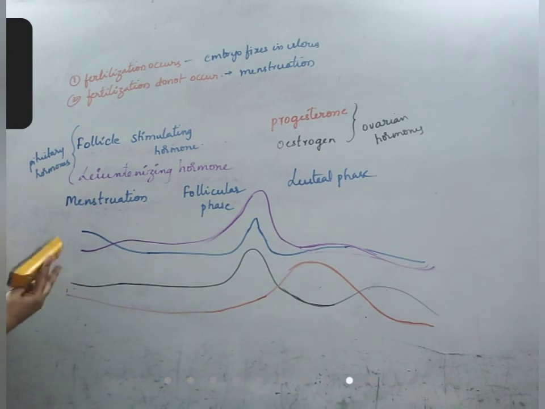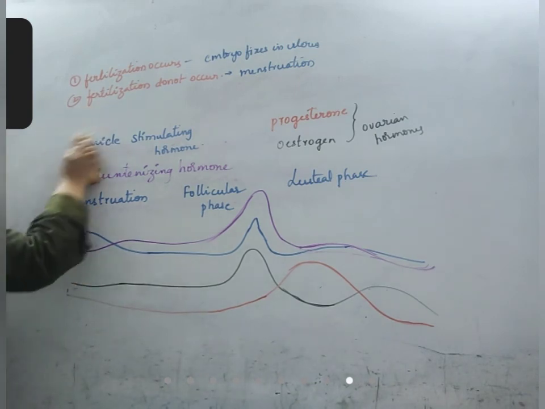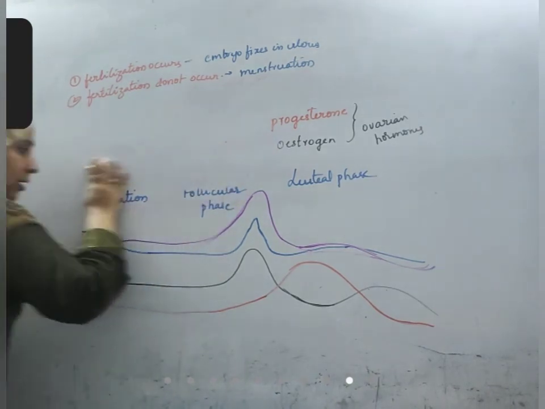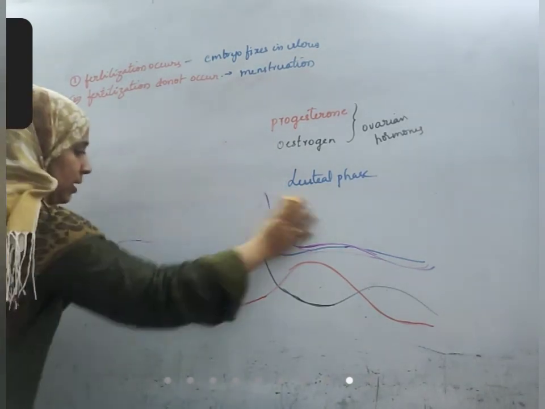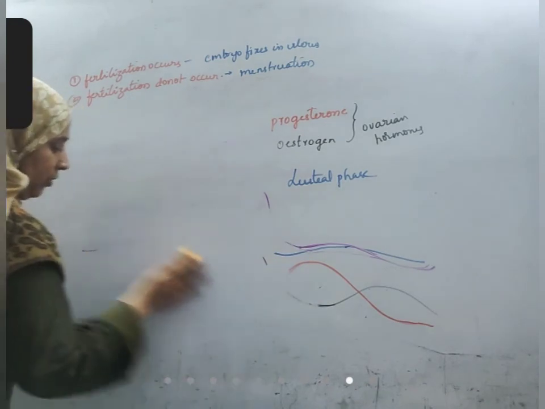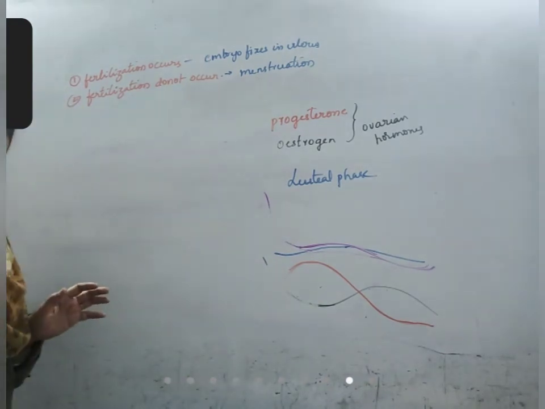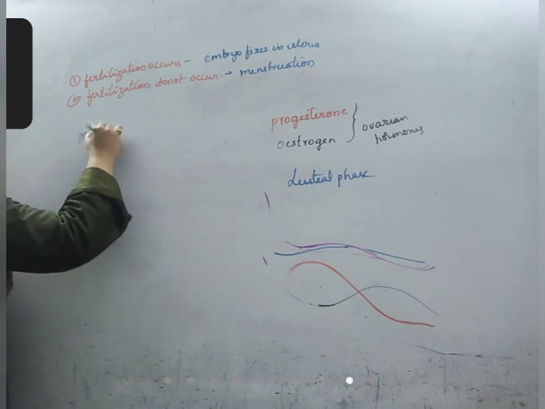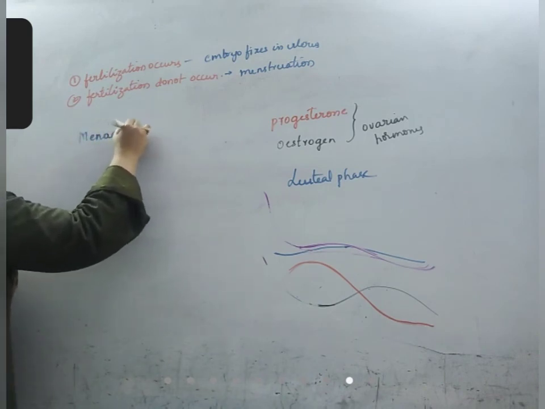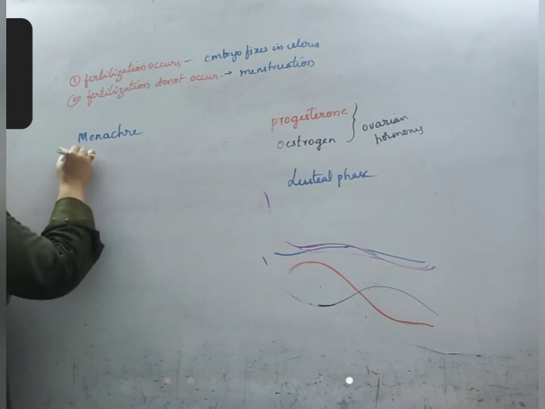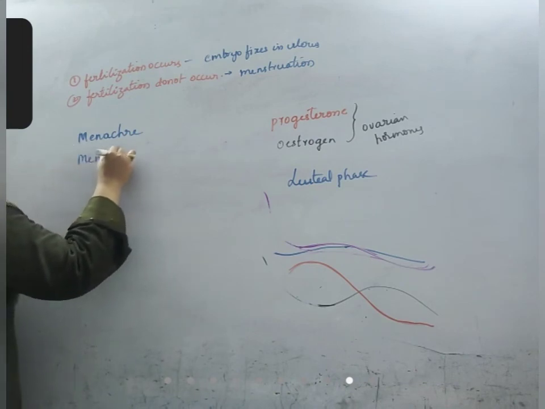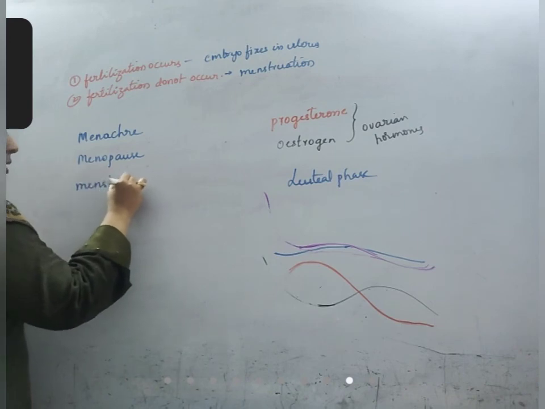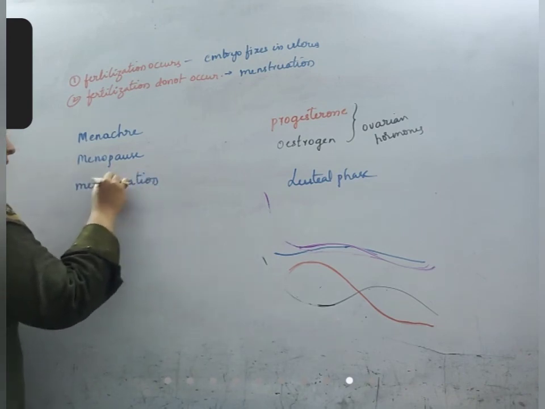Okay, before that, let me introduce you to some more terms like menarche, menopause, menstruation, menstrual cycle. What is the difference? Let me write the four terms here. Menarche, menopause, menstruation, menstrual cycle.